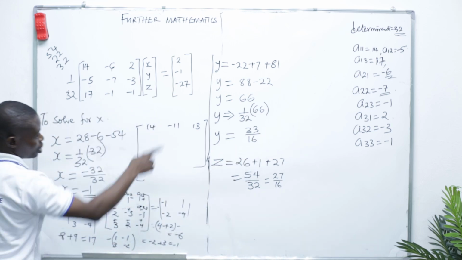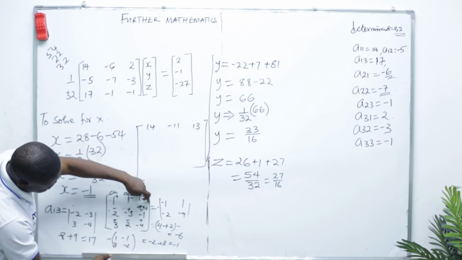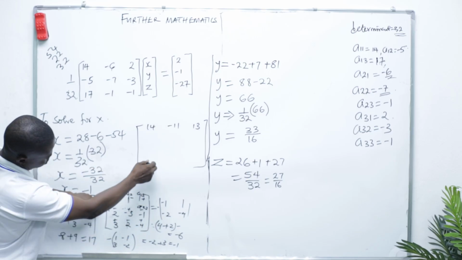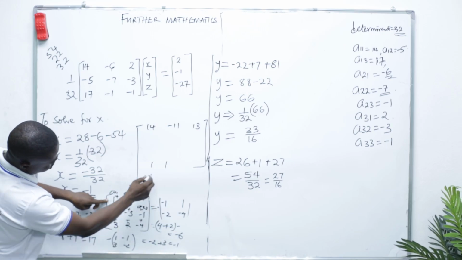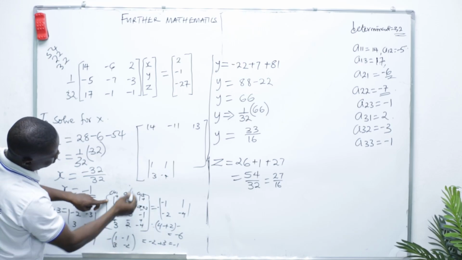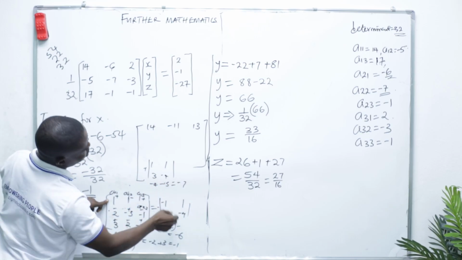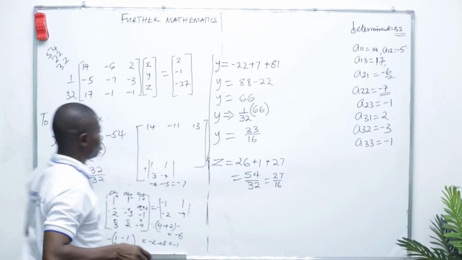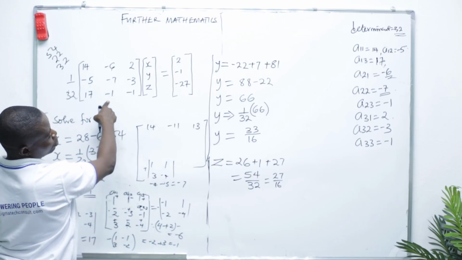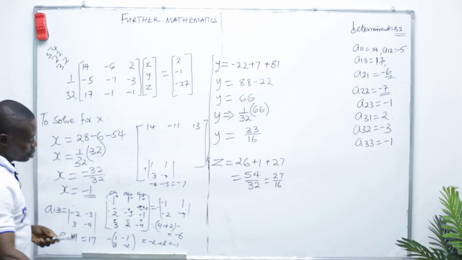Okay, it's another A22, this way and this way. 1, 1, then 3, minus 4. This is plus minus 4 minus 3 equals minus 7. It's not okay. So plus minus 7, minus 1, minus 3, minus 1, 2. Okay.